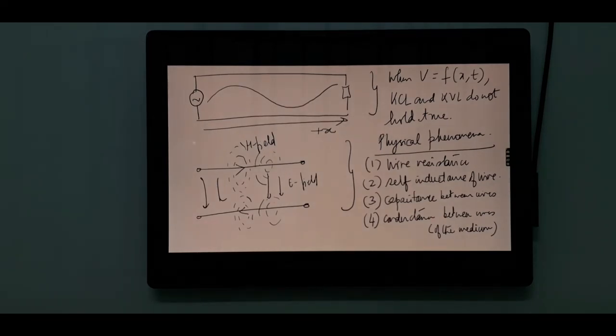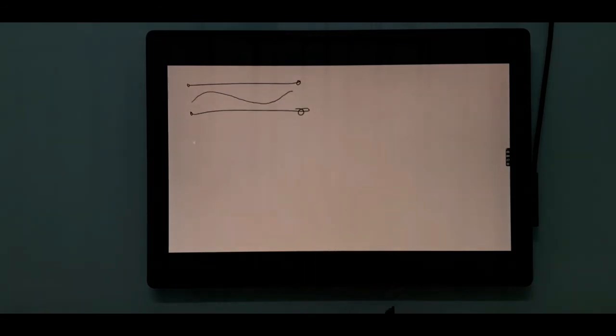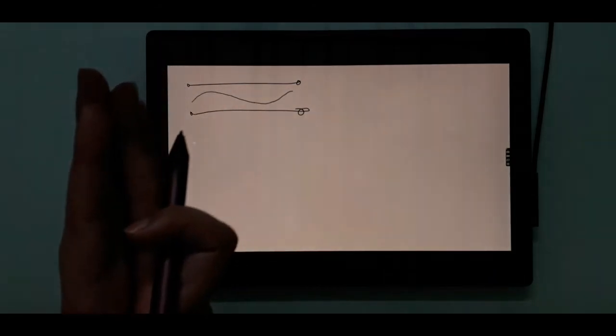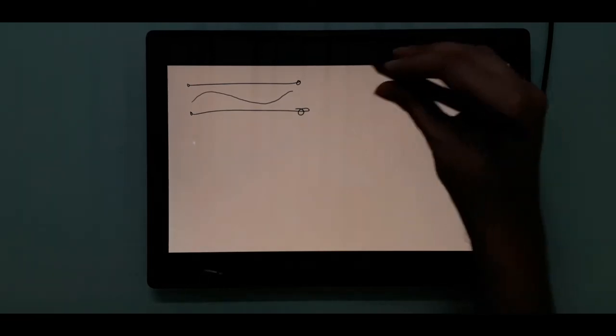So therefore, rather than writing those four phenomena as single elements, we shall distribute them along the line.